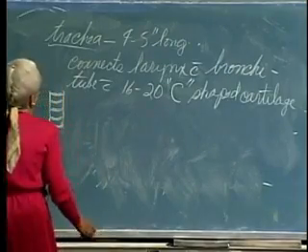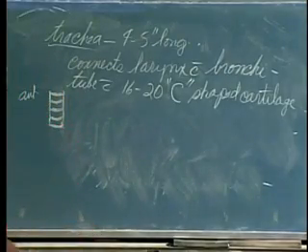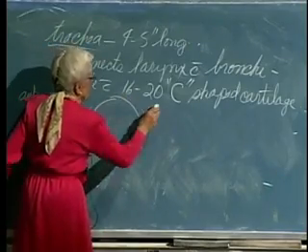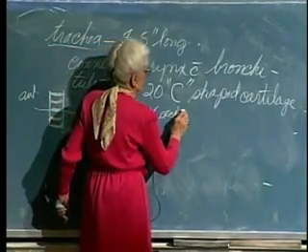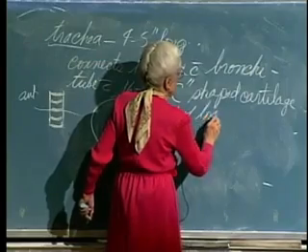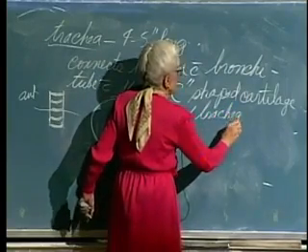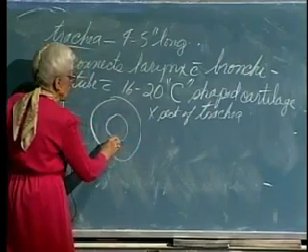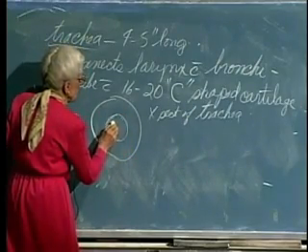So let's take a cross section through one of these. Cross-section of trachea. And we're going to have a lumen, of course, because we've got to keep the air going down. So this is my lumen.